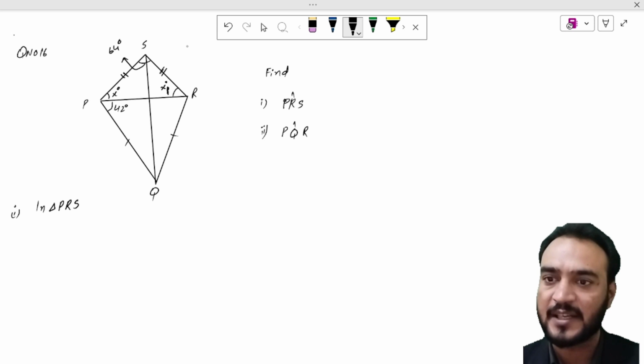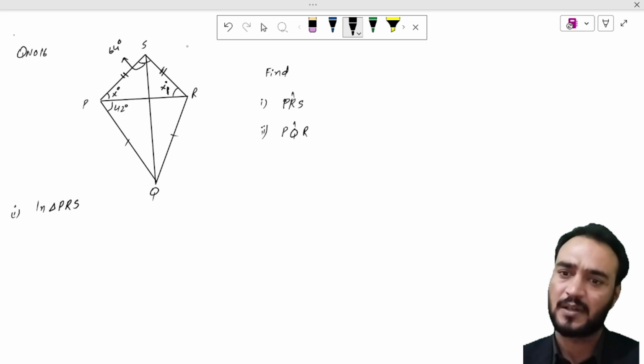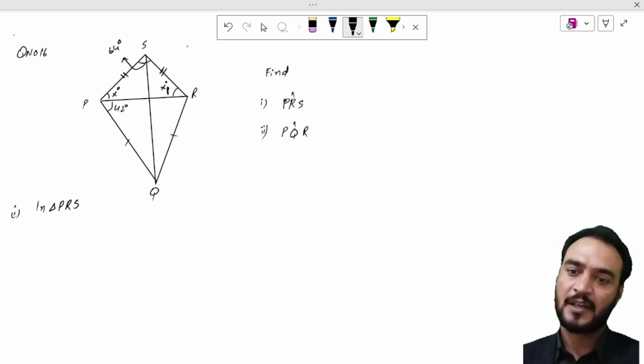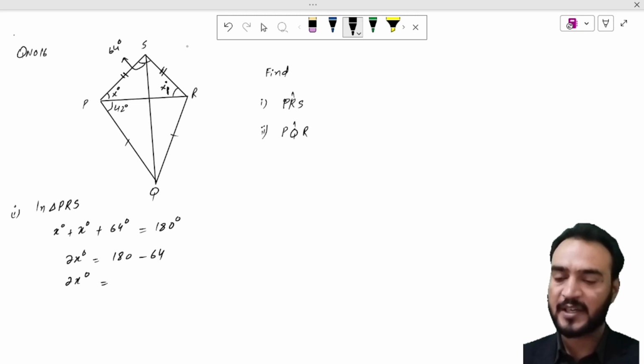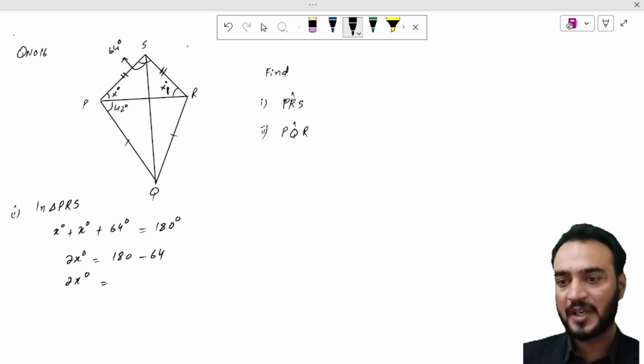We put the sum of these three angles. The angle at point S is equal to 64 degrees, angle SPR is x degrees and angle SRP is also x degrees. We put the sum of these angles equal to 180 degrees. So in triangle PRS, x degrees plus x degrees plus 64 degrees is equal to 180 degrees. So 2x degrees is equal to 180 minus 64.